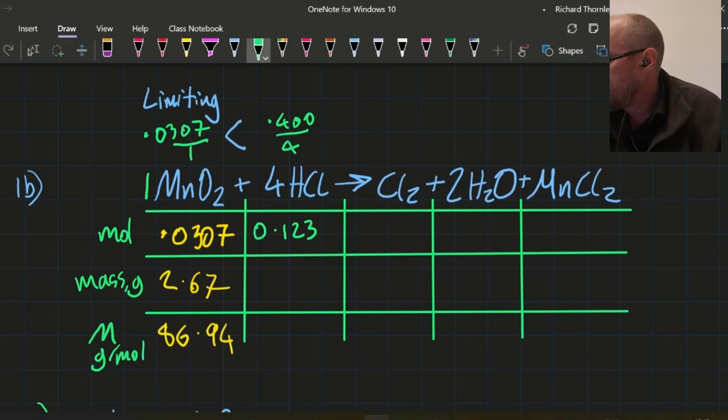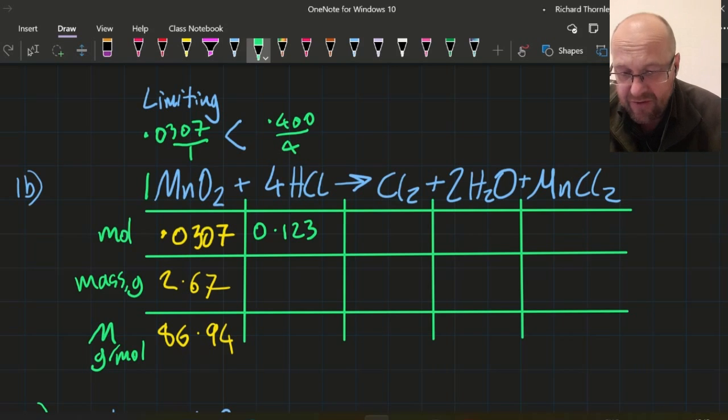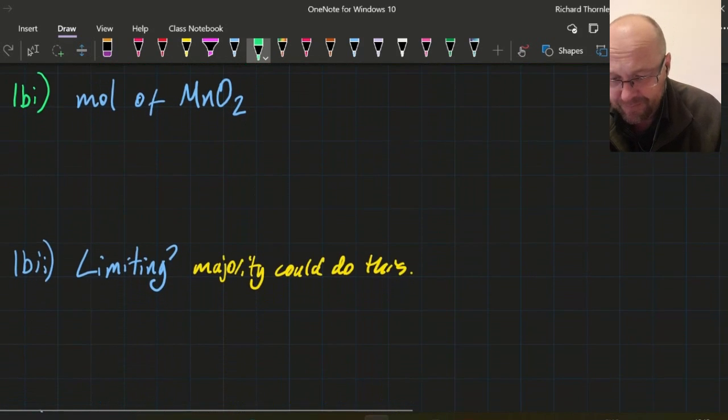Now that isn't enough for the point. That's just enough. That's how much you actually used. I'm sure you haven't got your point. So how much extra did you put in? That's the question. Well, you put in 0.4 and you used 0.123. So the excess must be the difference.